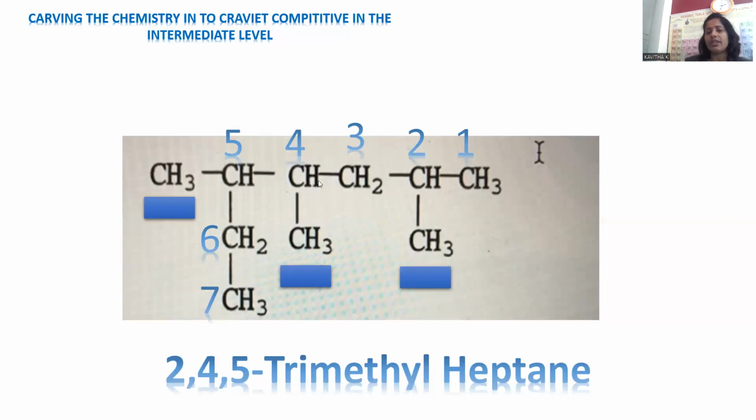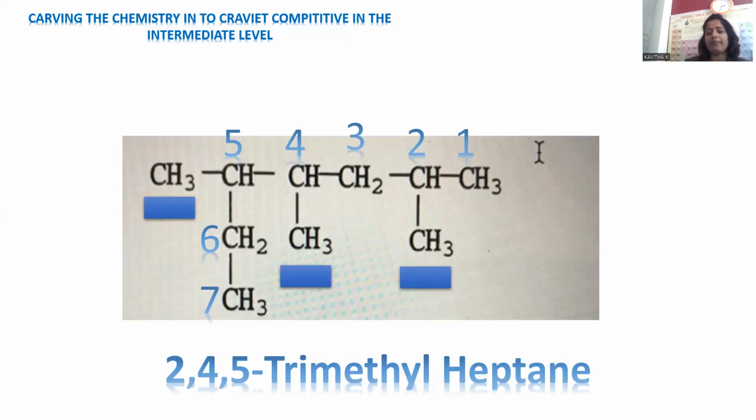1, 2, 3, 4, 5, 6, 7. So this is the parent chain. Over here, the second carbon is assigned a methyl, the fourth is also having methyl, and the fifth carbon is also having methyl. All are methyl only, so we can clump them in a single line like 2, 4, 5 trimethyl. That will be the 3 methyl substituents. After that, you can go for the main chain.